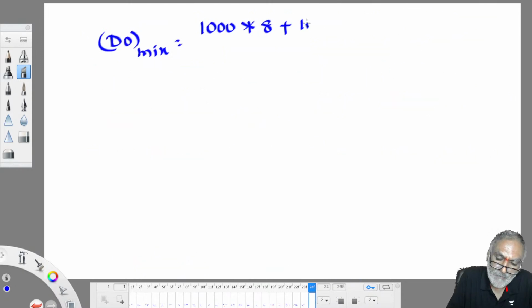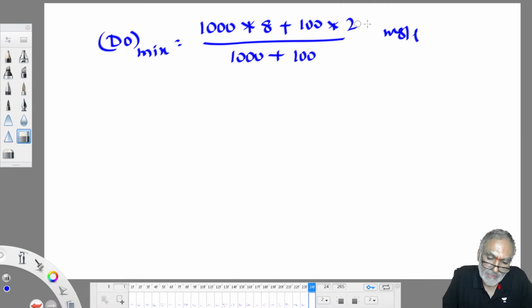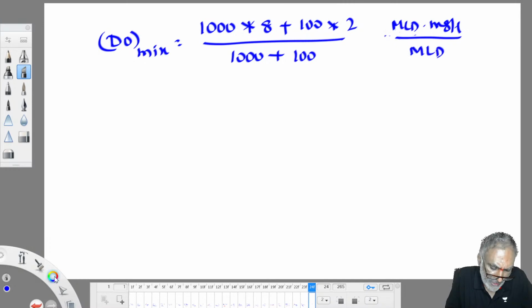All Qs are in MLD, concentrations are milligram per liter, so no issue. They should be in same unit system. Numerator MLD into milligram per liter by denominator MLD, so MLD gets cancelled. Then you get milligram per liter answer. Understood?